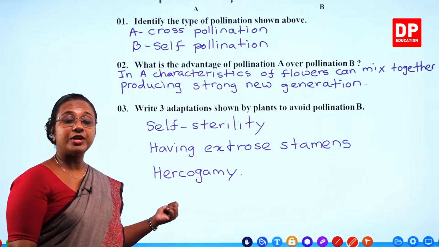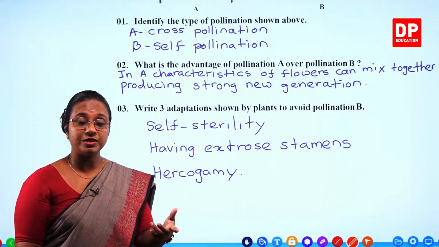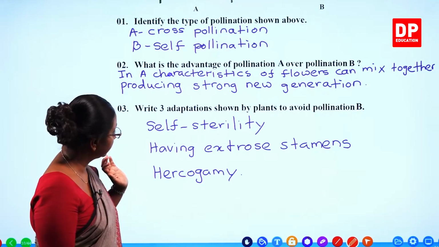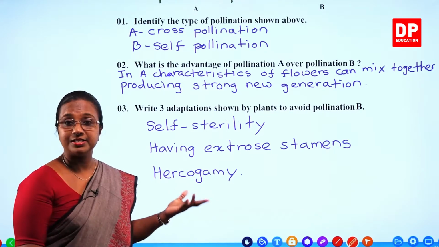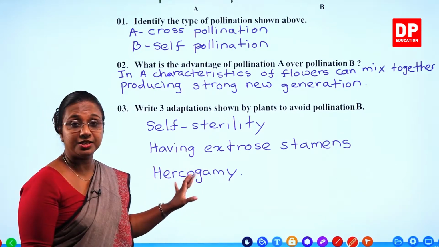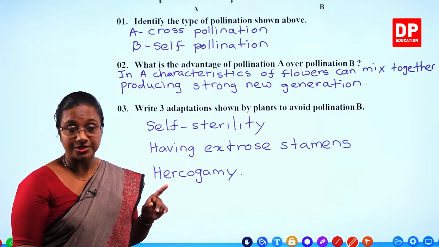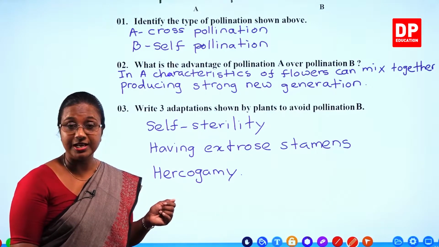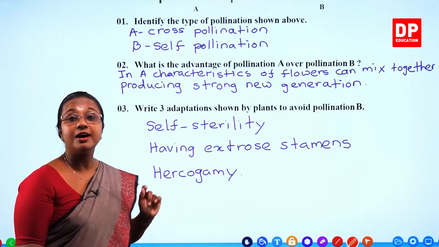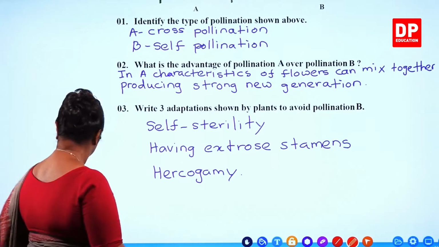So you all can also write Dichogamy, unisexual flowers, any other one of the 2. That's fine. So those are 5 adaptations shown by plants to avoid self-pollination and to promote cross-pollination. With that, students, I will move on to the next question.